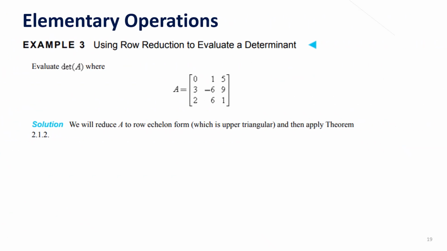Okay, next we will also learn how to use row reduction with elementary row operations to evaluate a determinant. Elementary row operations, you remember we have 3.